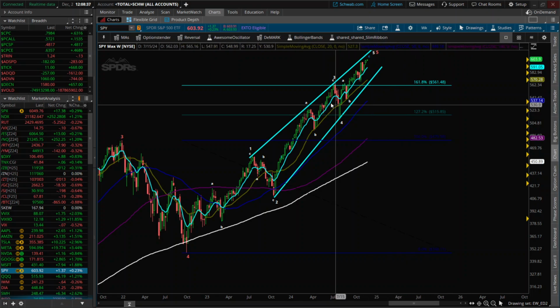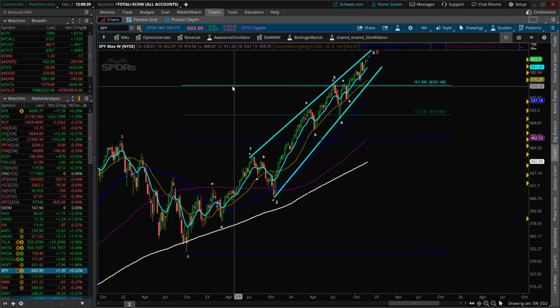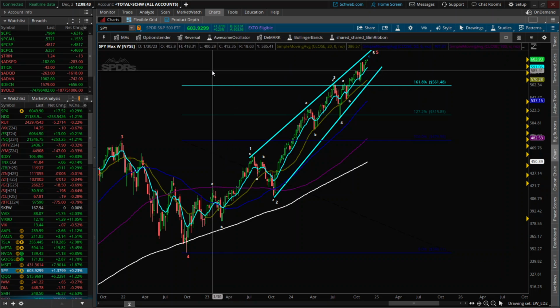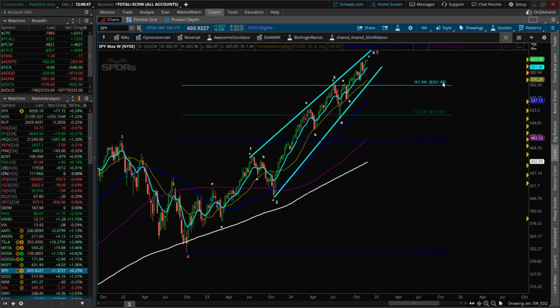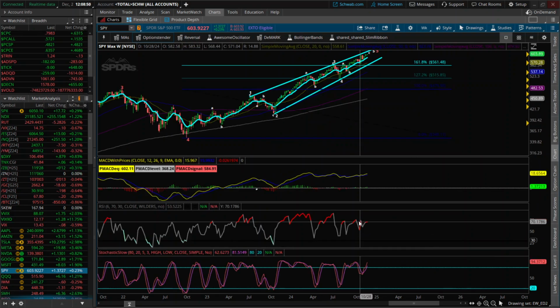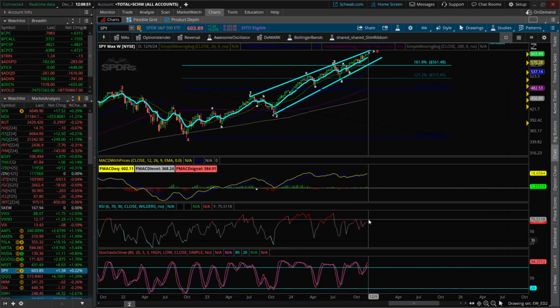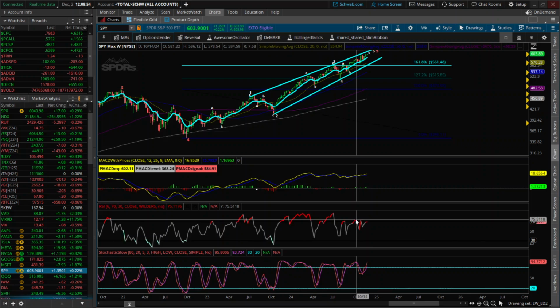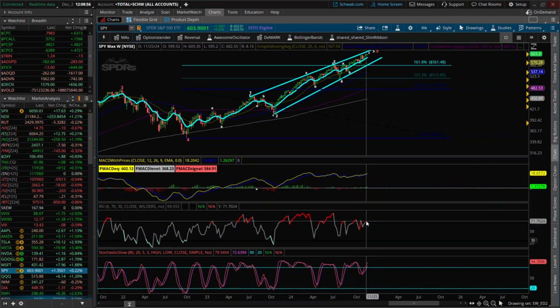And then one of the things that Elliott Wave theory talks about is when you get into that wave 3 into 5, you have to have a divergence in, for example, the RSI. And we have that here.